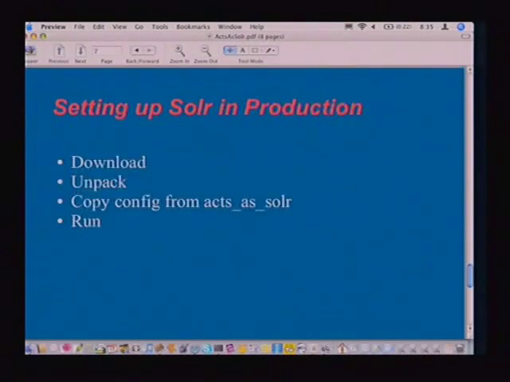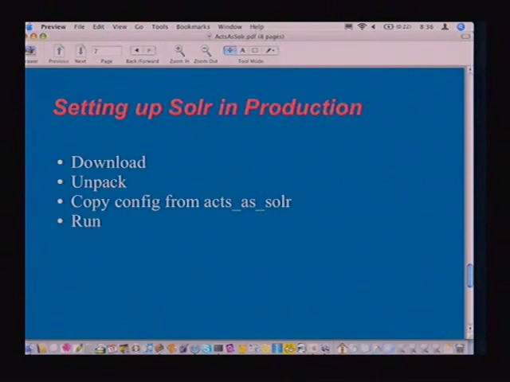Setting up Solr on your production box is downloading it from the Solr website and unpacking it. It's a zip file, so unpacking it's pretty trivial. There's a config file in ActsAsSolr that gives you the XML config file, so you don't even have to dive into that XML file and try and figure out the settings.